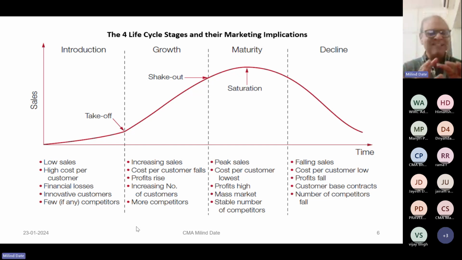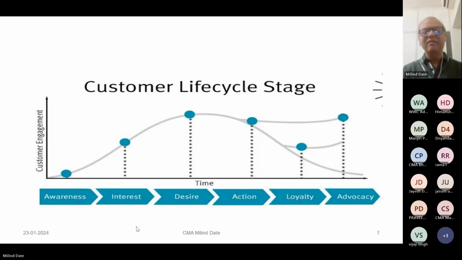Look at this. This is a normal chart given in any book that you study. But customer life cycle stages are equally important. You know, the customer also has a life cycle having phases like awareness, interest, desire, action, loyalty, and advocacy.